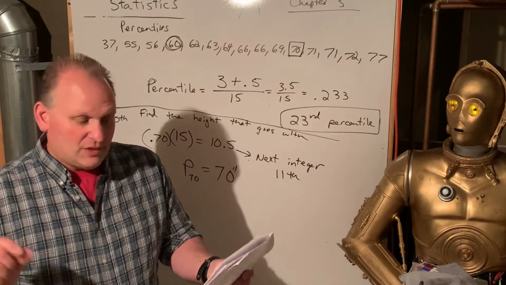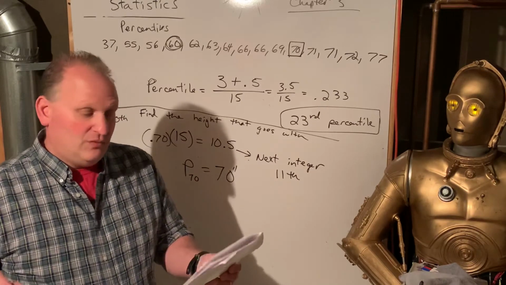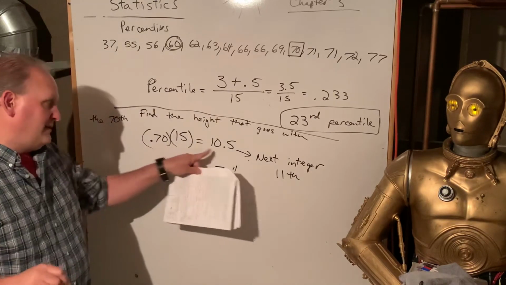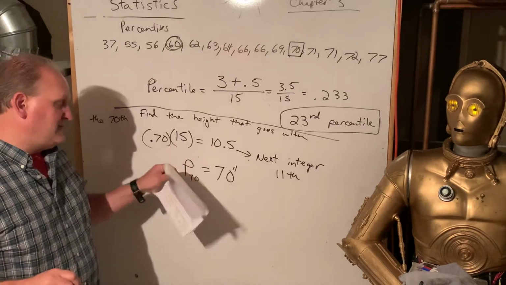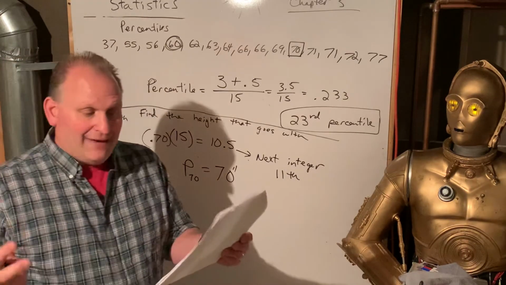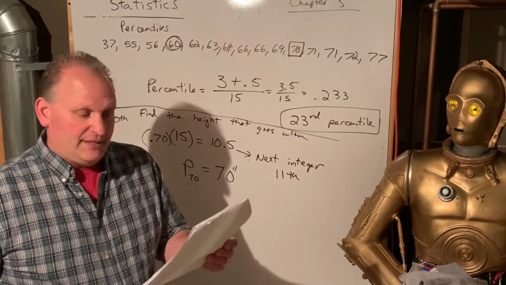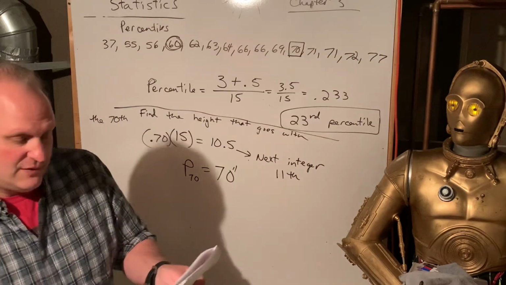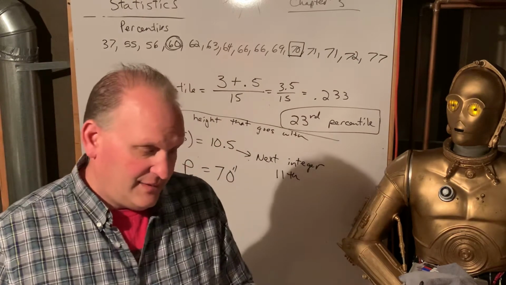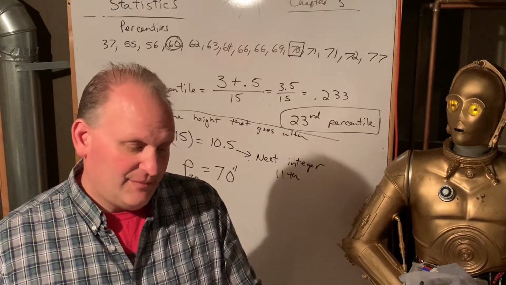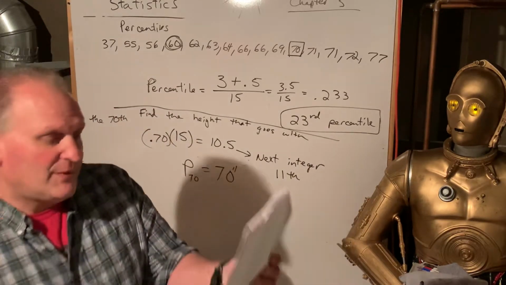So if it works out to be a whole number when you multiply the percent by the number of pieces of data, average that one and the one above it, and that'll be your answer for the percentile.